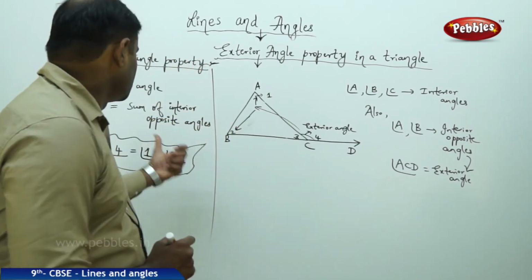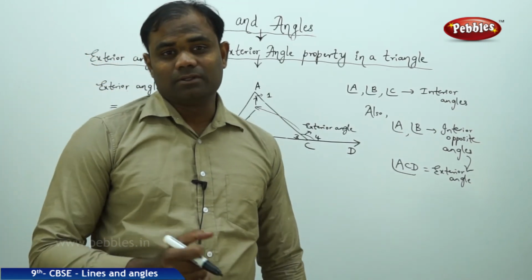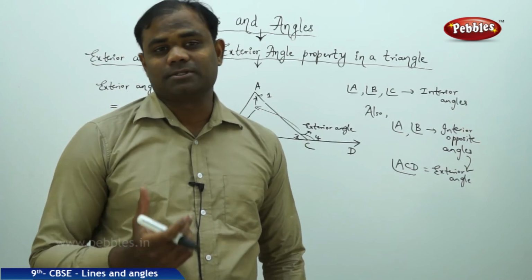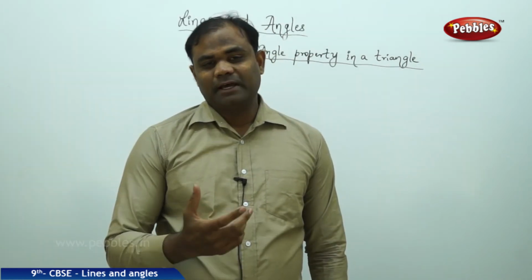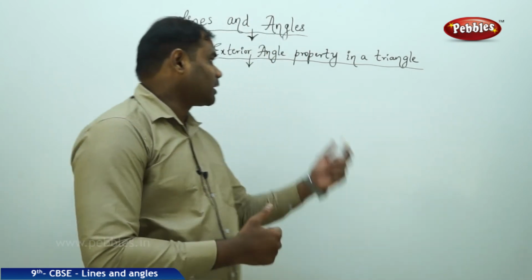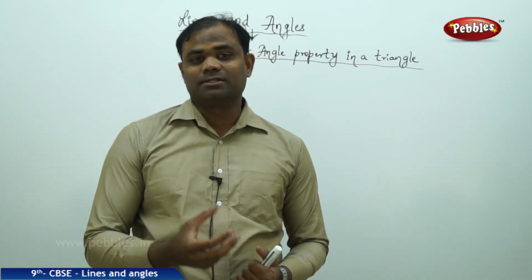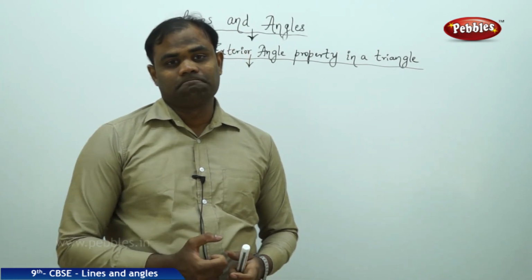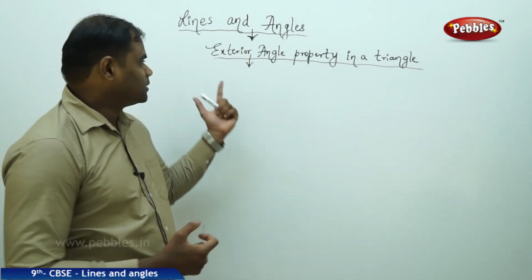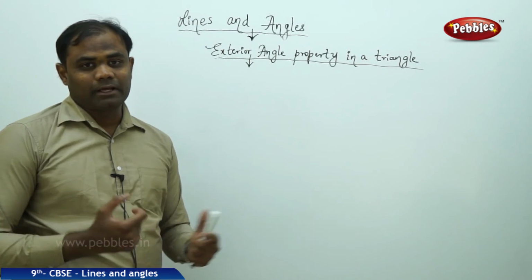Now that we have discussed the exterior angle property in a triangle, let's see how we can apply this to the given problems. This session is about applications of the exterior angle property.